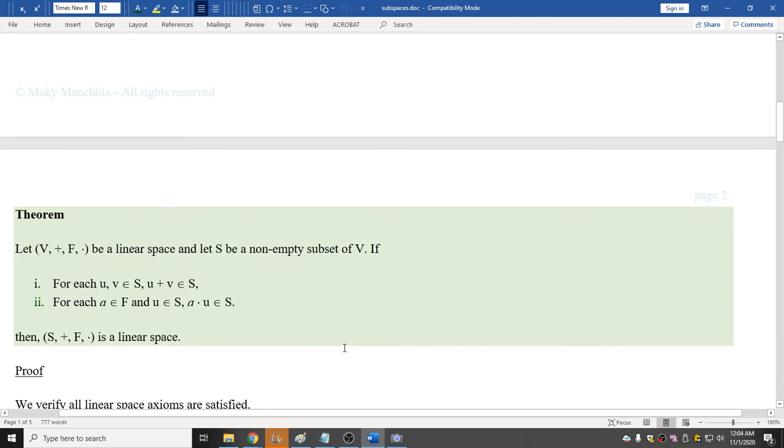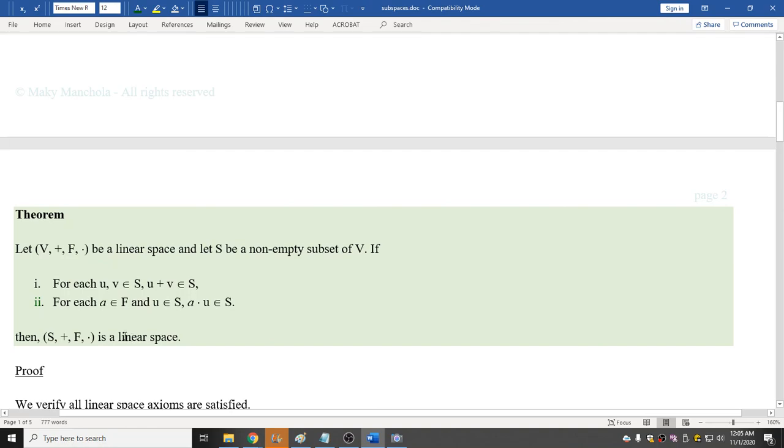Let V plus F dot be a linear space and let S be a non-empty subset of V. If 1, for each u, v in S, u plus v is in S. 2, for each A in the field and u in the set S, the scalar product A dot u is in S. So if you get these 2 properties satisfied, then the structure S is a linear space.